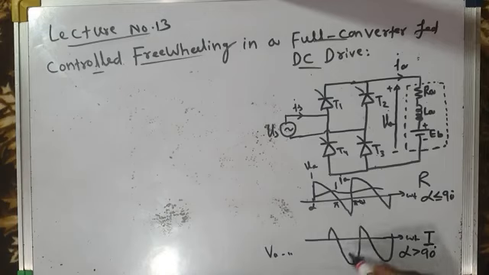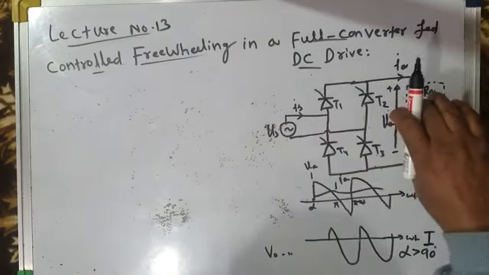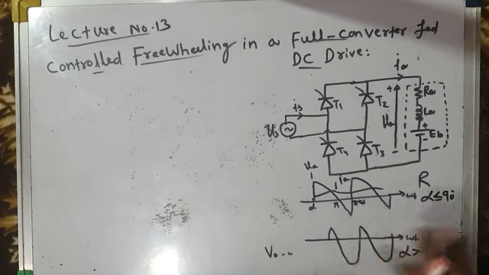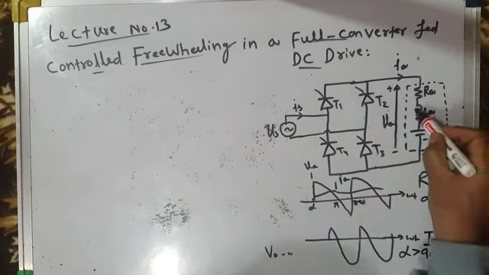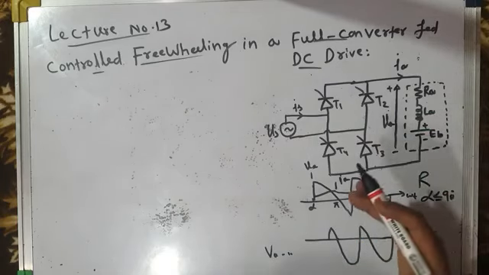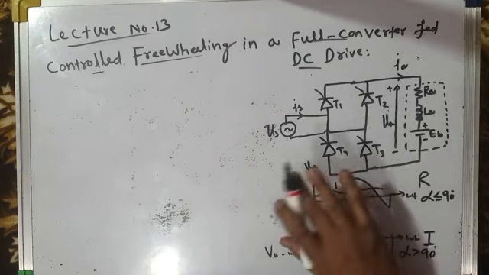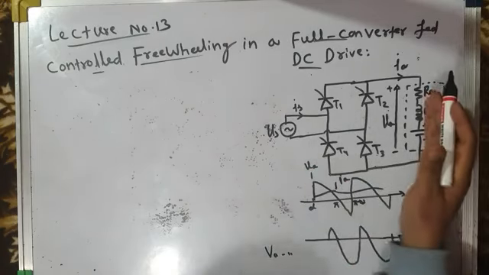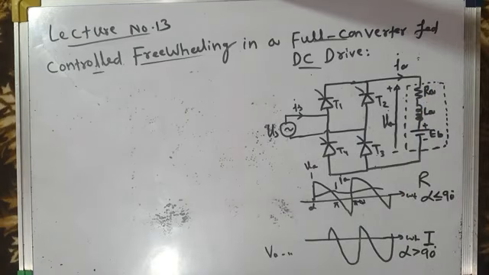That means in the inversion mode also, there is a flow of reactive power. There is the flow of electrical useful power which is converted by the machine into mechanical power, but I'm not talking of that power. I'm talking of the power which is stored in the inductance in one interval, and then in another interval is supplied back to the source. So there is a flow of reactive power in the inversion mode of operation.